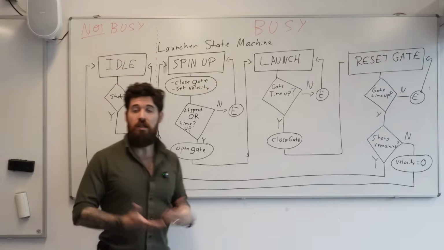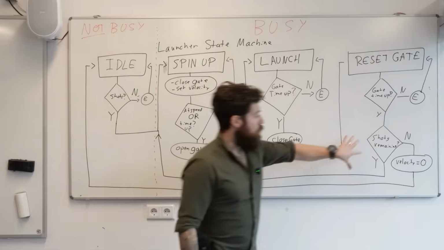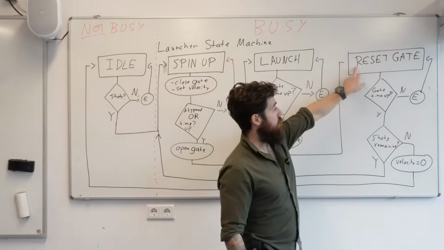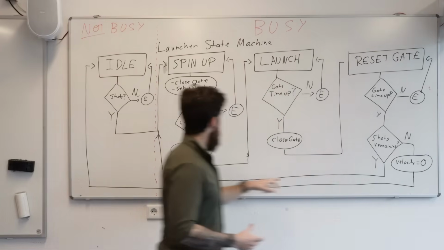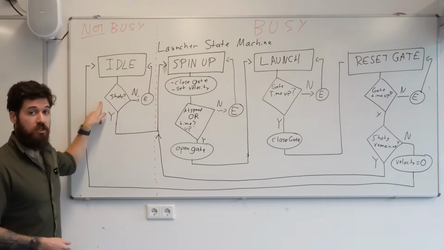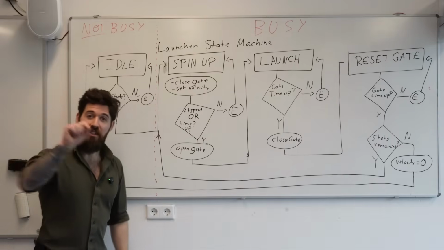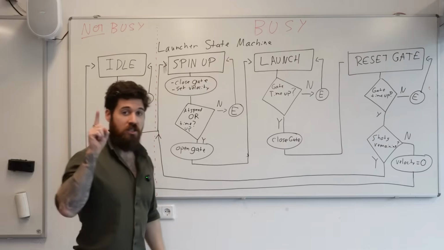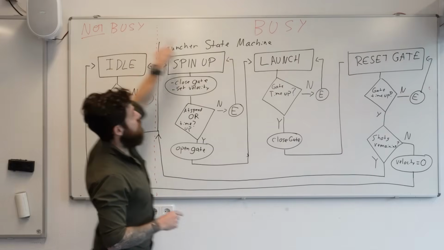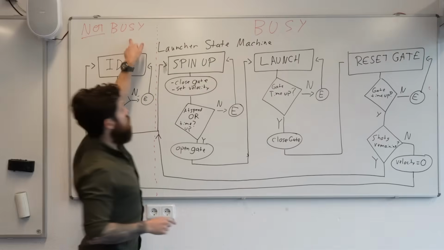Now you might ask, hey, Coach Brett, why do I need to check if there's shots remaining inside of this reset gate section? Isn't this the exact same as checking if I have shots inside idle? And astute observation, yes, that is the exact same, except for our ability to check if our state machine is busy or not busy.